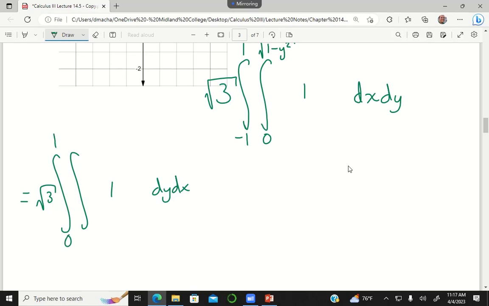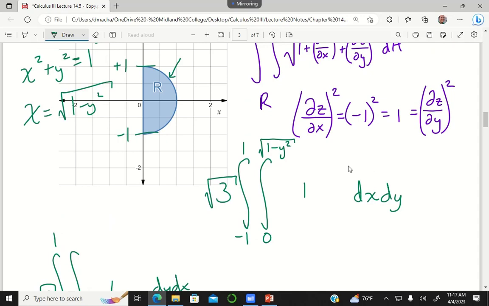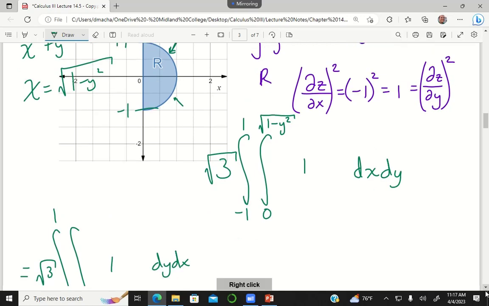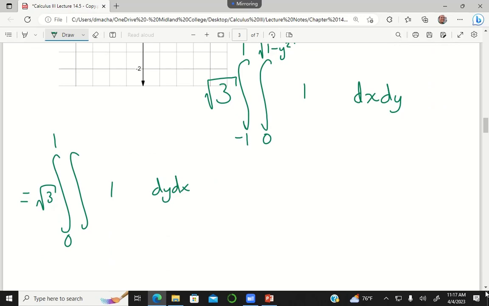And then I have to determine what is y. For my lower bound, I'm going to need the bottom semicircle, and for my upper bound, I'll need the top semicircle. And so now I just rearrange that equation for the circle and solve for y. The lower bound is going to be negative square root of 1 minus x squared, and the upper bound is going to be positive square root of 1 minus x squared, to give me the lower semicircle and the upper semicircle.